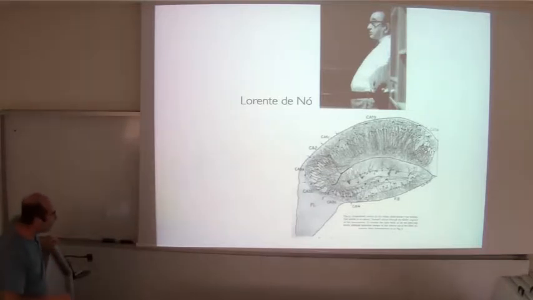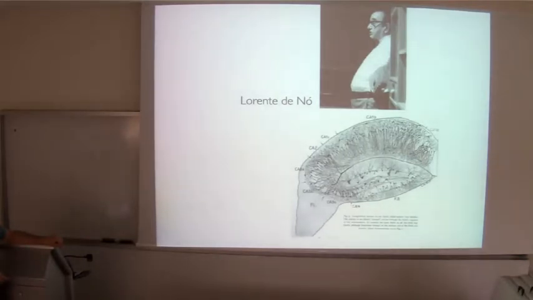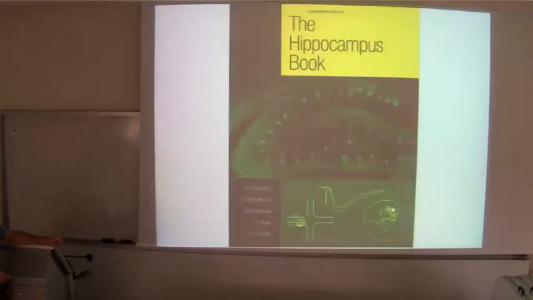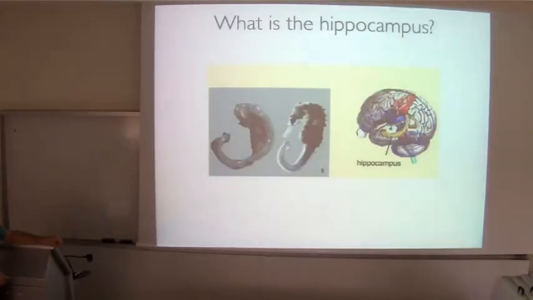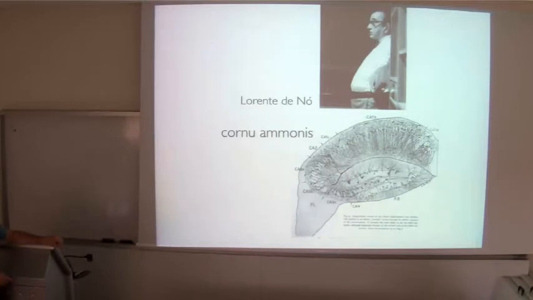I started with this one because in this one you mostly see the cells, and I also wanted to tell you something that I haven't figured out completely: the CA1 and CA3 are shorthand for cornu ammonis. The idea is that the first anatomists, I think the ancient Greeks or something, thought of it as a horn, like the horn of a deer or something like that.